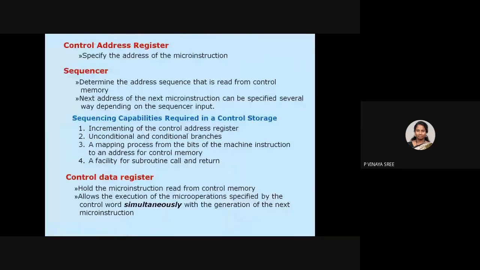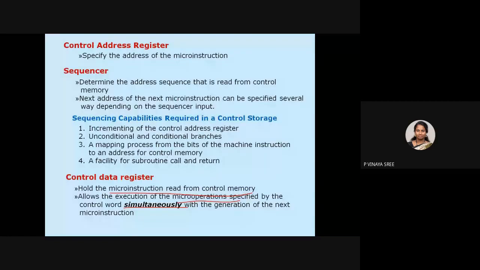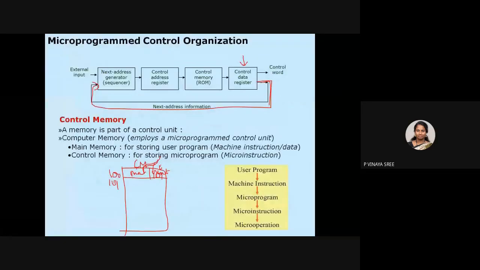Here it holds a micro instruction read from the control memory, allows the execution of micro operations specified by the control word simultaneously with the generation of the next micro instruction address. So simultaneously the next address is placed in the next address generator. That's why the control data register is called a pipeline register.